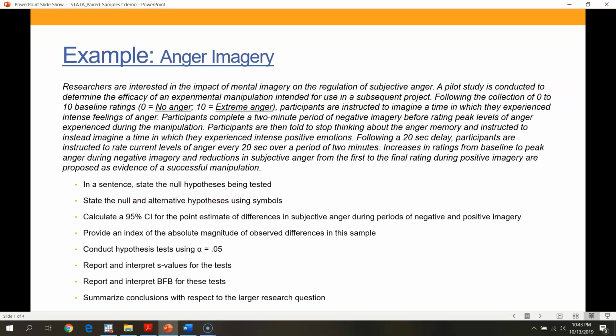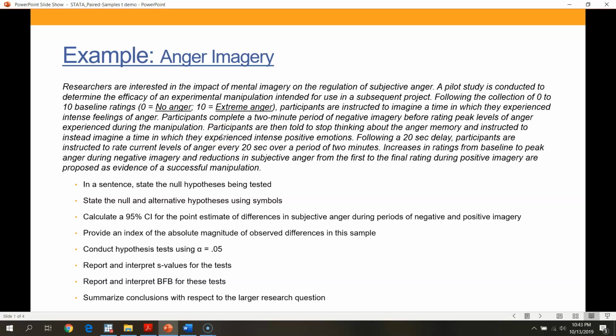So we've got an experimental study looking into manipulation. What we're doing is having people come in and rate 0 to 10 baseline ratings of subjective anger, 0 being no anger to 10 being extreme anger. Then we have individuals imagine a time in which they experienced intense feelings of anger. After 2 minutes, we then have them rate their peak levels of anger during that 2-minute period.